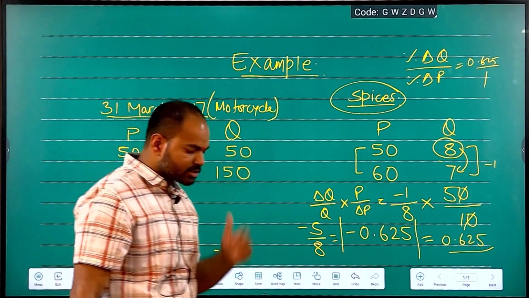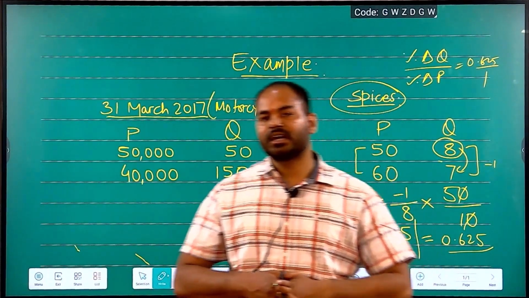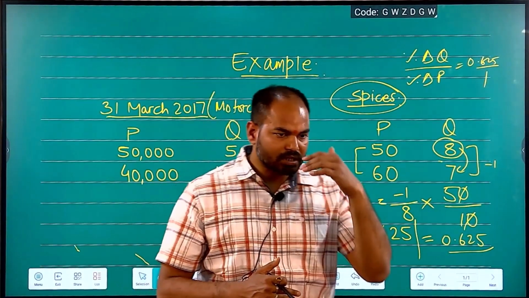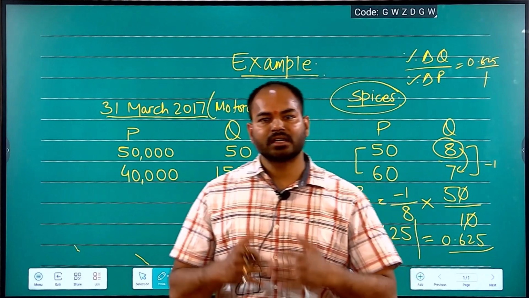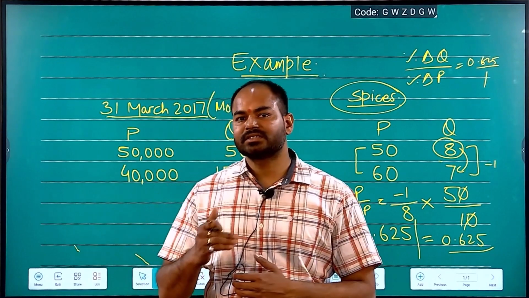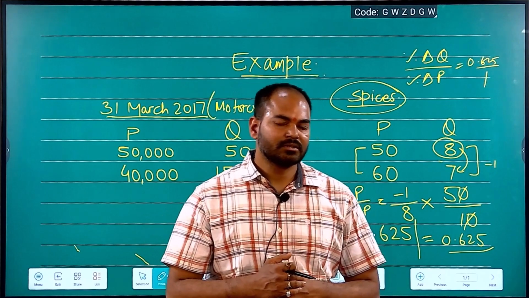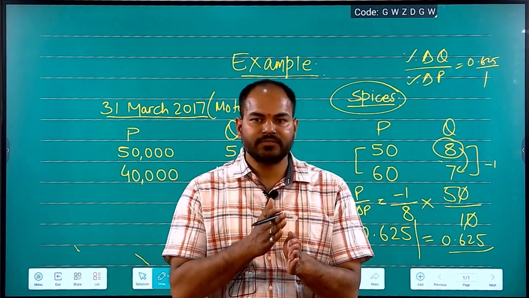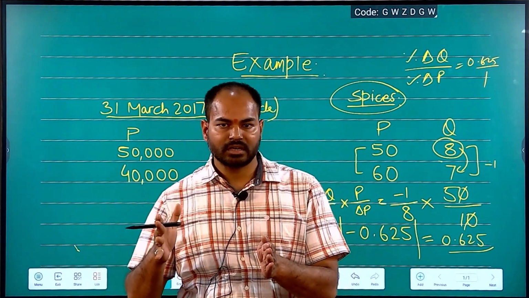On 31st March 2017, and before this, the Government of India announced one policy change that after 31st March, the motorcycle company and the car company will not be able to sell their BS3 engine product. It means the manufacturers have the last date 31st March 2017 to sell out all their stock and inventory.